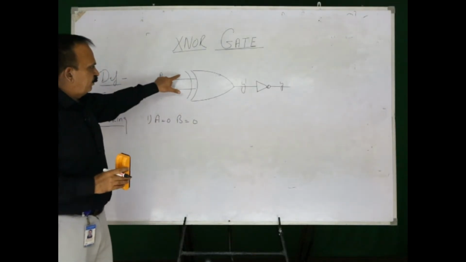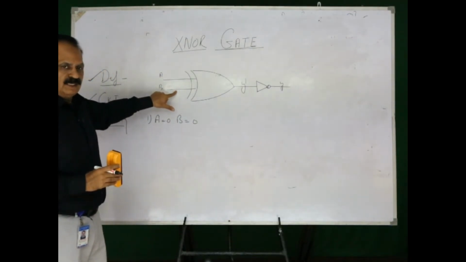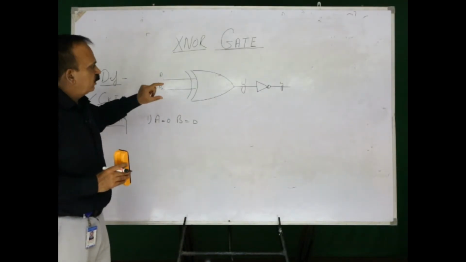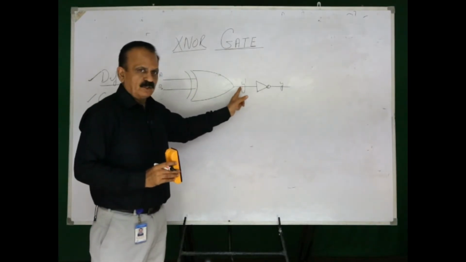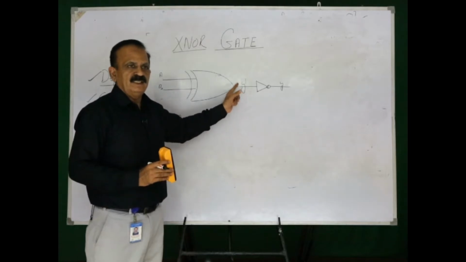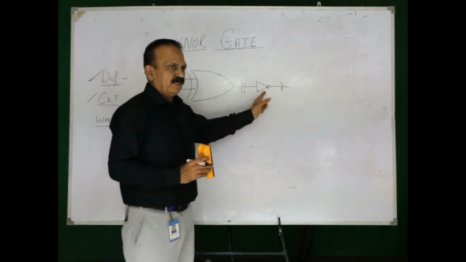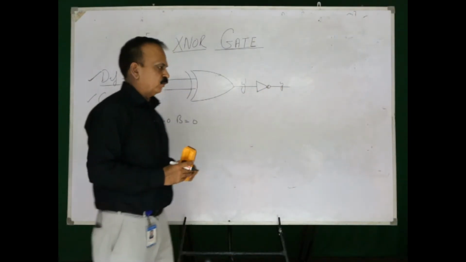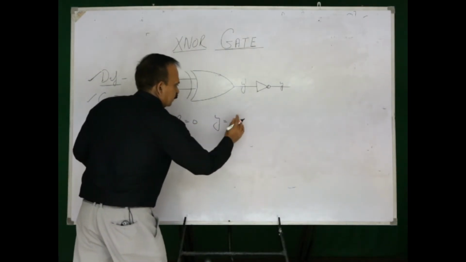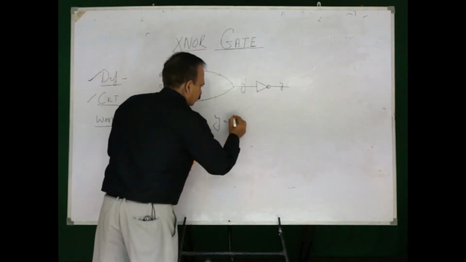Now, since A and B both are 0, the number of high inputs are 0. So, the output of XOR gate will be 0. So, Y dash is equal to 0 and after complement the value of Y will be equal to 1. So, when both are 0, the value of Y will be equal to 1.